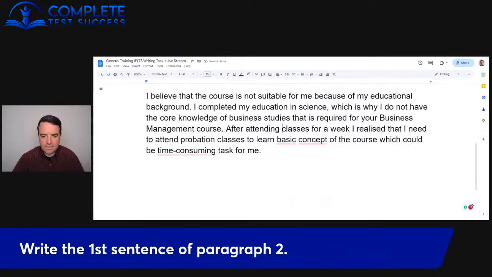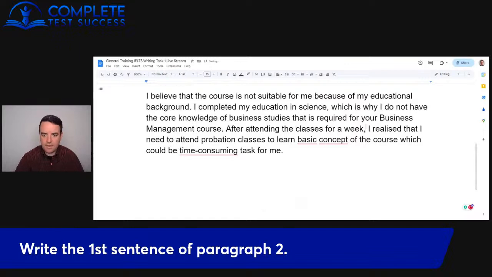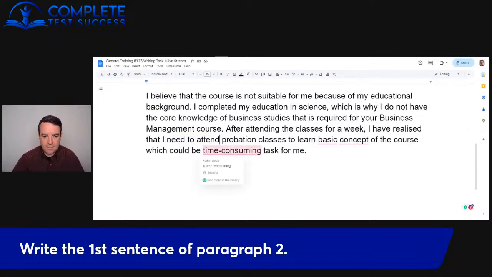After attending classes for a week, and then this is going to have to be present perfect. I have realized, so it's at the moment, I have realized that I need to attend a probation wouldn't be the right word. Let's say a foundation.